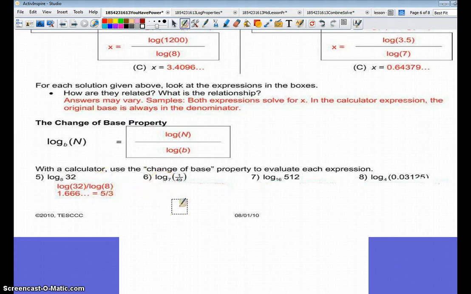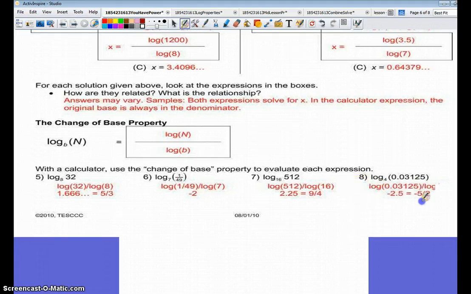So what about number 6? Log of 1/49 divided by log of 7, which will give me a negative 2. Then I'm going to have log of 512 divided by log of 16. Then I'm going to have log of 0.03125 divided by log of 4, which will give me a negative 5/2 or a negative 2.5.